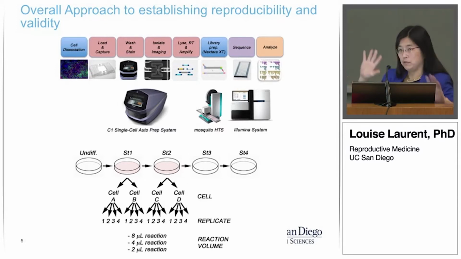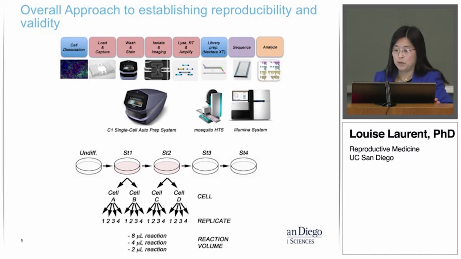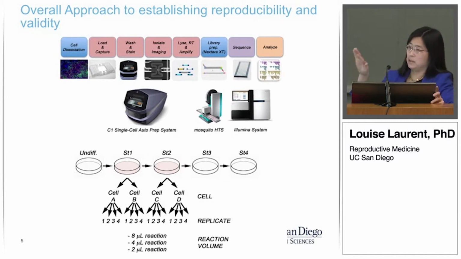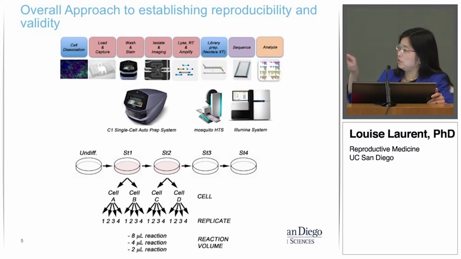At the bottom is the biological outline of the experiment. This was part of a larger experiment, which I'll explain in the last few slides. Here we're focusing on two stages of differentiation of pluripotent stem cells, which we are calling stage 1 and stage 2. For each of those stages, we selected 2 cells, and after the C1 reaction, we divided the cDNA into different technical replicates to do the Nextera library prep, with multiple technical replicates at different reaction volumes.